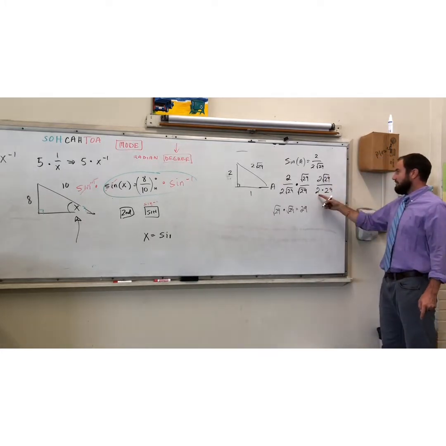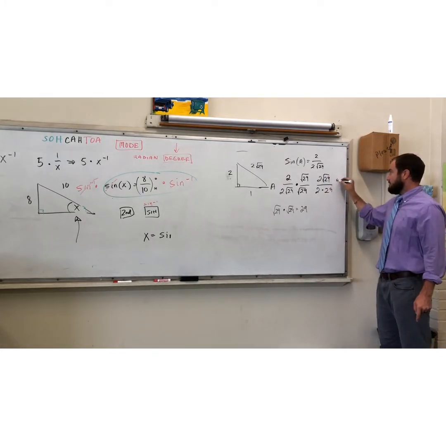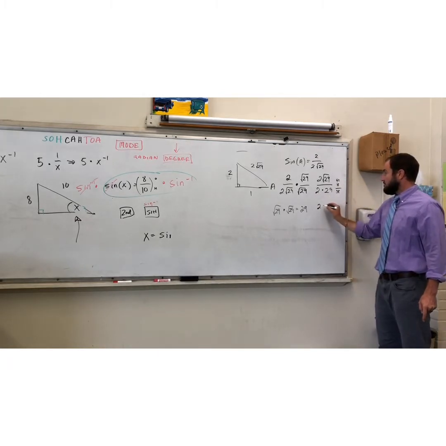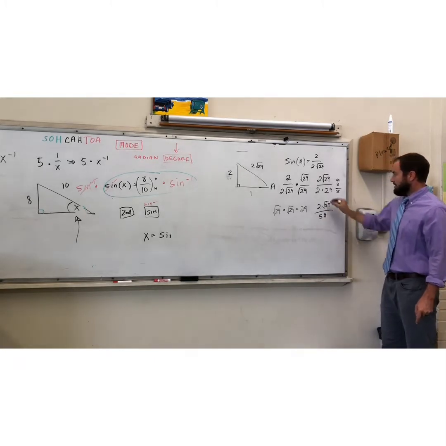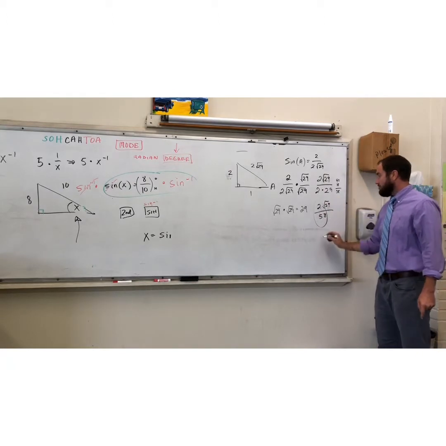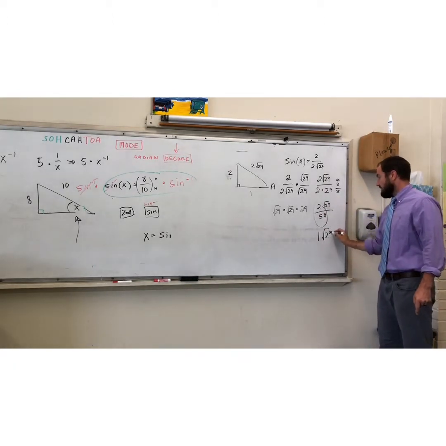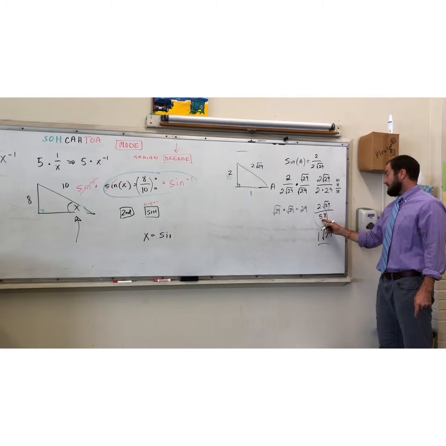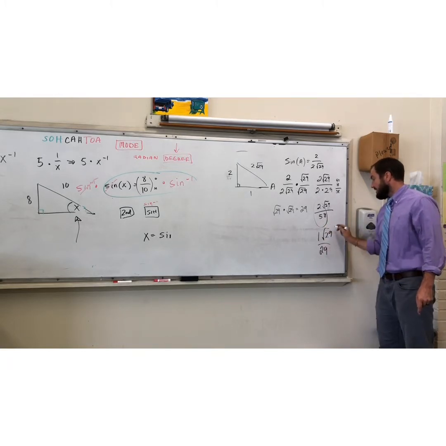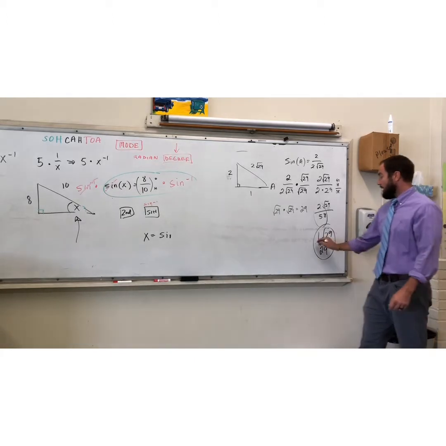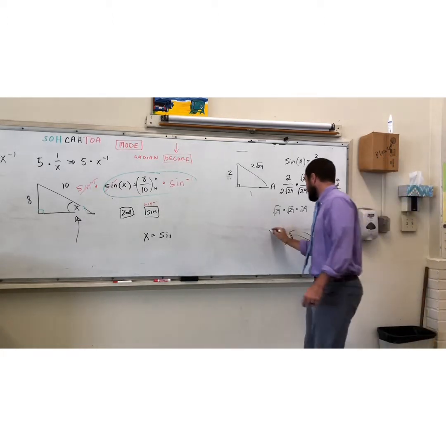Now if I'm going to solve this, 2 times 20, 40, 2 times 9, 18, so 58. So I would get 2 square root of 29 over 58. And you'd have to reduce here, where 2 goes in once, and 2 goes into 58, what is that, 29 times? Probably. Let's hope. So you would get, and I bet you your answer would look like square root of 29 over 29.